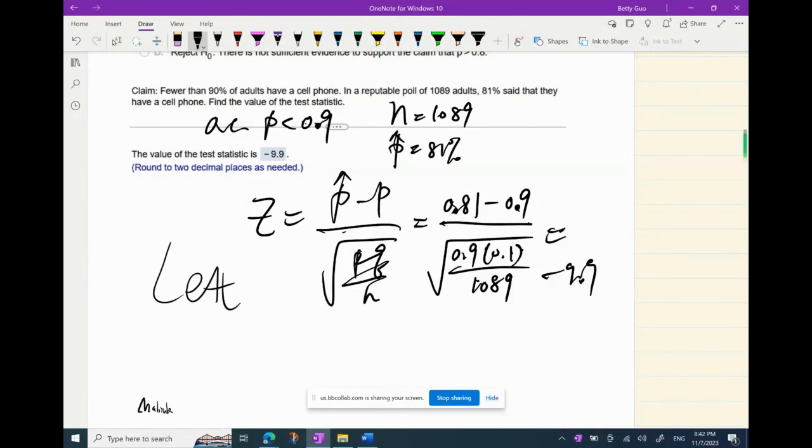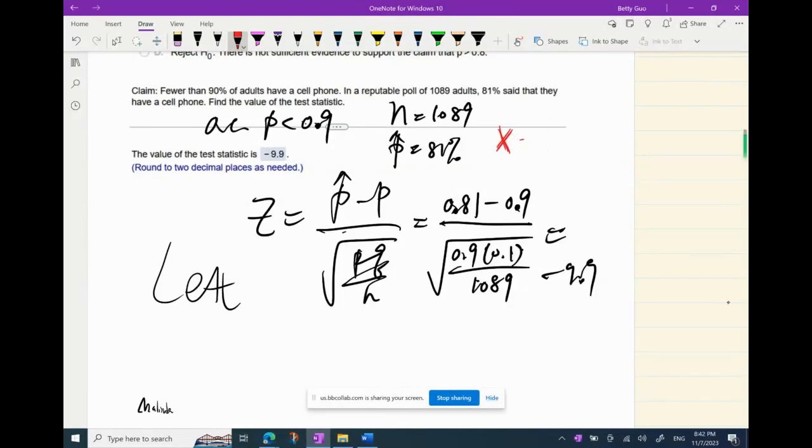So let's go to stat tests, and then we're gonna do one proportion z test. P sub 0 is 0.9. Oh, x. You remind me, we can use the function, right?